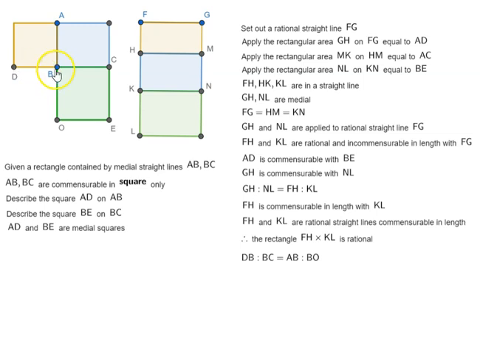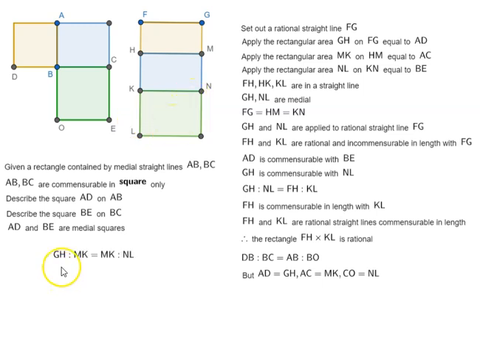DB is to BC as AB is to BO, because AD is commensurable with BE. AB and BD are equal. BO and BC are equal. So they are in proportion. But AD is equal to GH. AC is equal to MK. And CO, or we can say BE, is equal to NL.